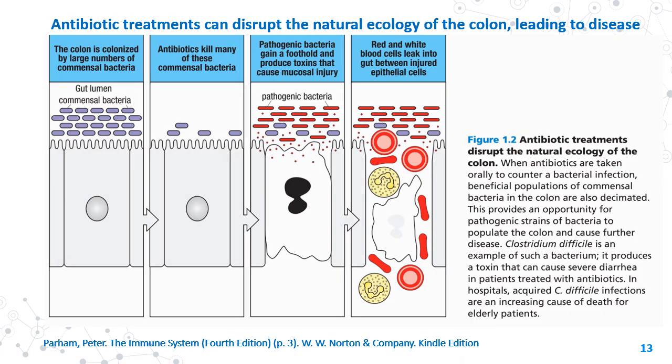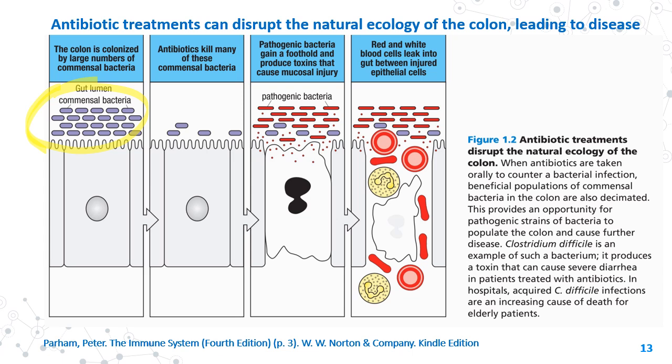So here, this is an example of what happens when you have to take some type of antibiotic, and what happens to the bacteria, in this case, in your gut. Let's say you only have good bacteria, your commensals, and you look at the number of bacteria.